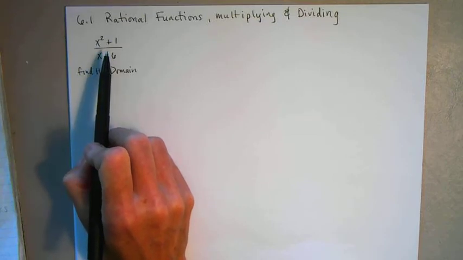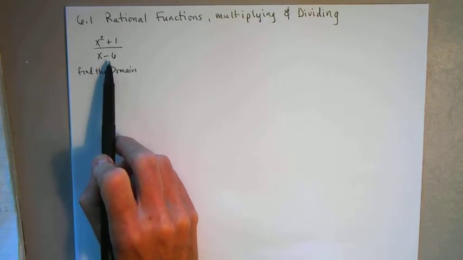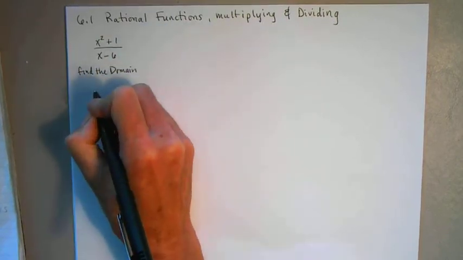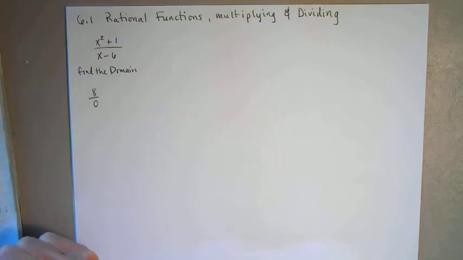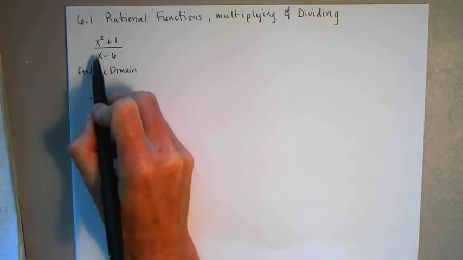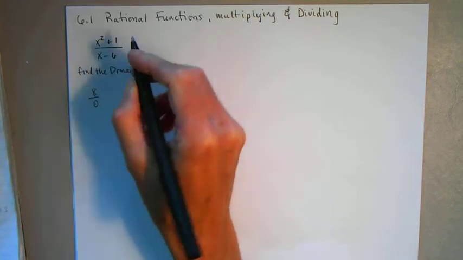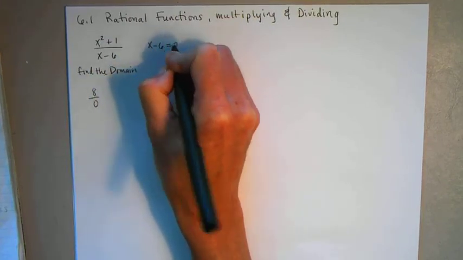You might remember that it's undefined if you're dividing by 0. If I were to have 8 divided by 0, I would plug that in my calculator and it would say error. It can't do it. So what we need to do is figure out when this is undefined. We simply take our denominator and set it equal to 0 and solve.